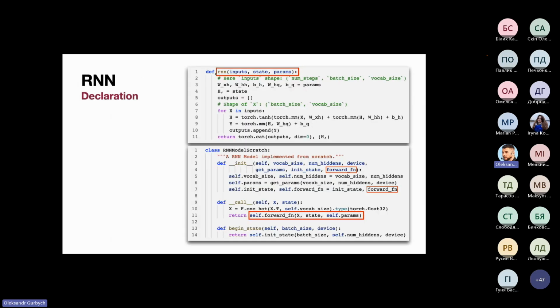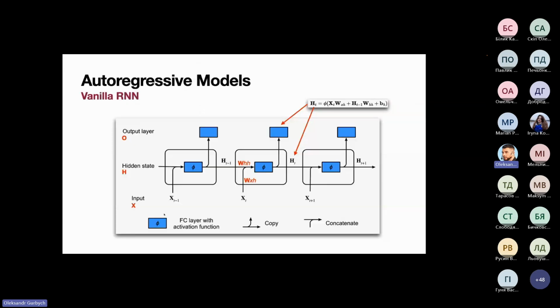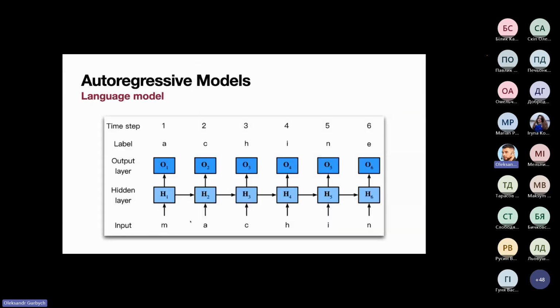So we can load the state of the network. If we want to load some pre-trained network, we input its state here. And now we travel over all our inputs. For X in inputs, X is every letter, like M, A, C, H, I, N.